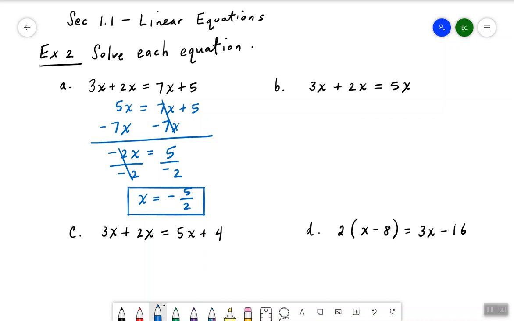In example 2b, we can start out the same way. We can add 3x plus 2x to make 5x. But notice now that we have the exact same expression on the left and the right. So we could leave it like this, or we could try to go on and take another step.